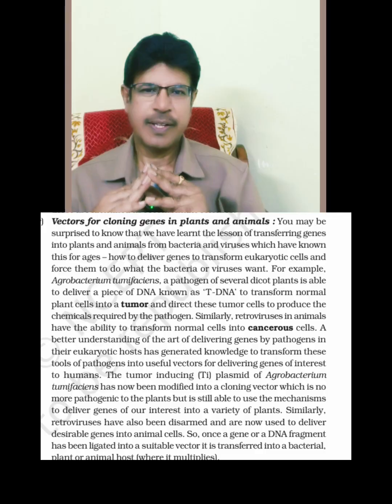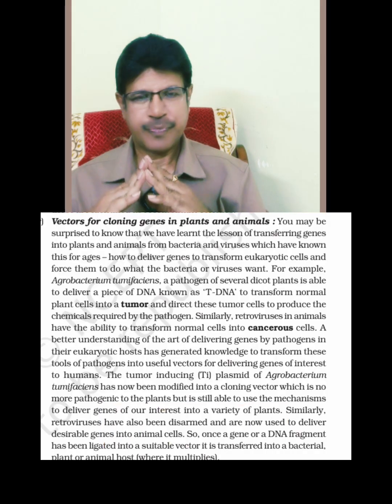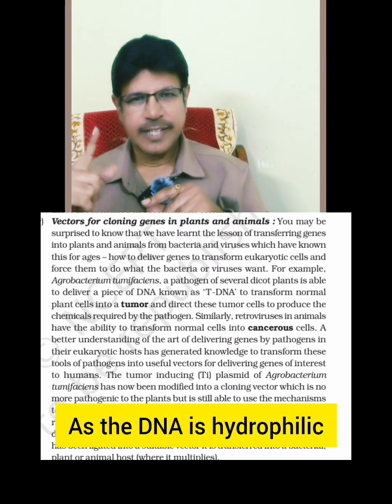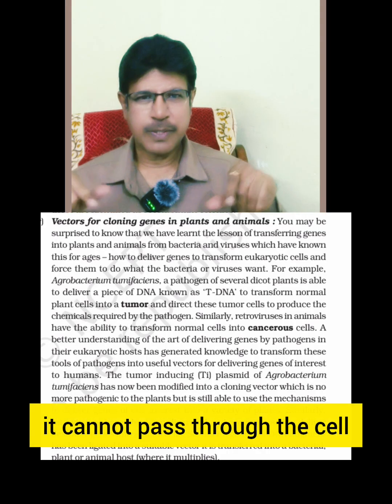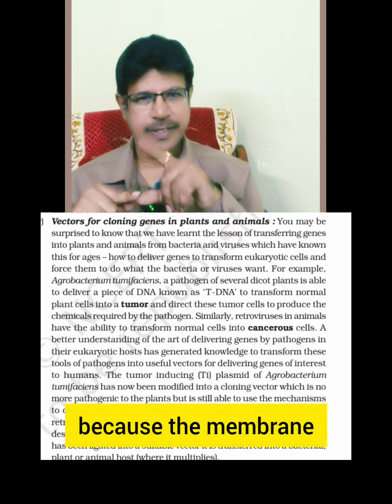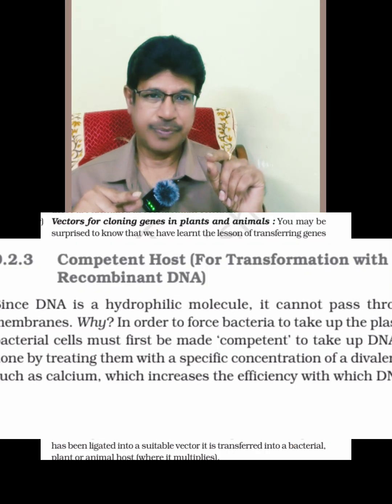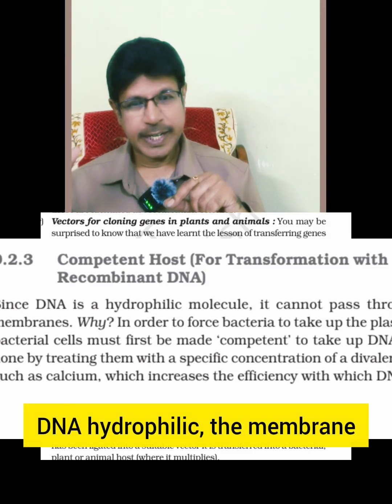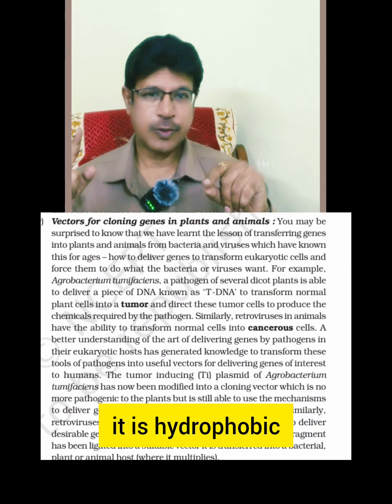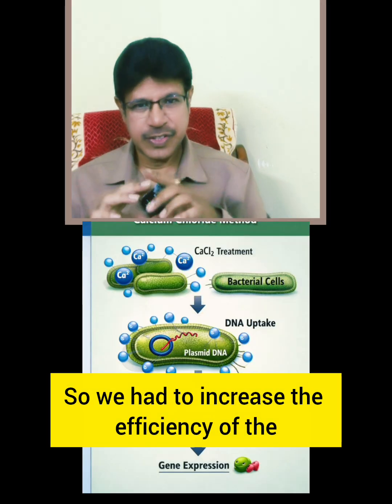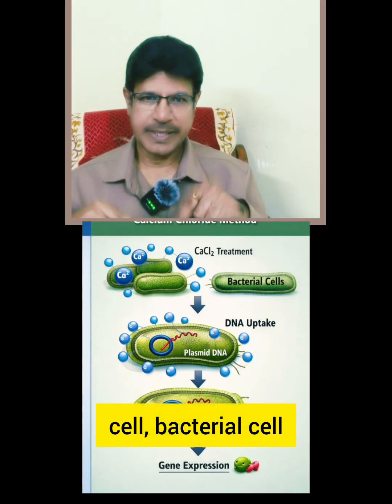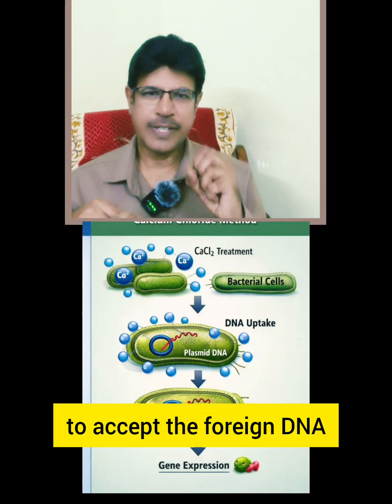Next, competent host. As DNA is hydrophilic and the membrane is hydrophobic, it cannot pass through the cell membrane. So we have to increase the efficiency of the bacterial cell to accept the foreign DNA, that is recombinant DNA.